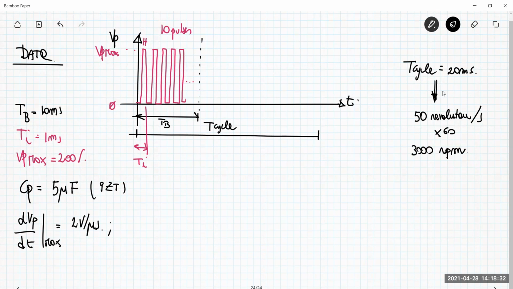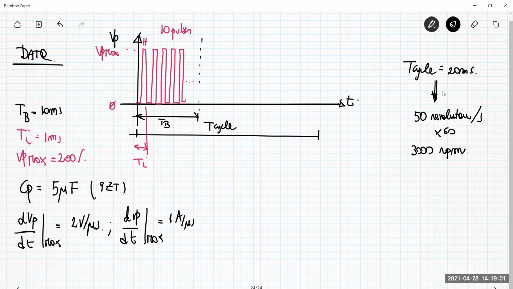And also you have a limitation about the maximum rate of change of the current versus time, which is 1 amp per microsecond. This is related to the way the piezo materials are constructed. It is related to the necessity to avoid breaking my material during nominal operation.